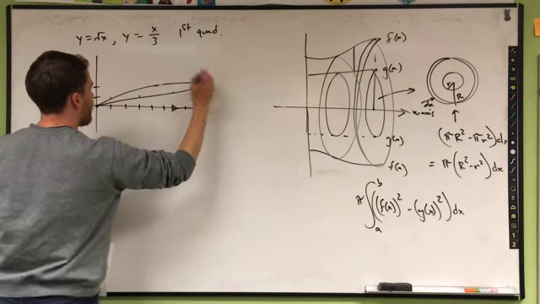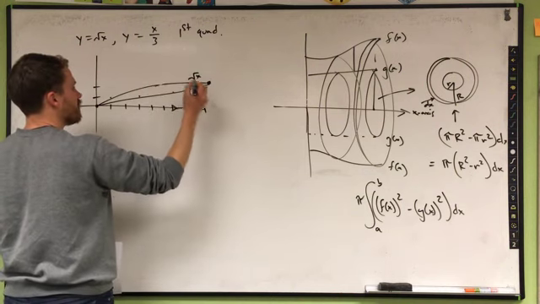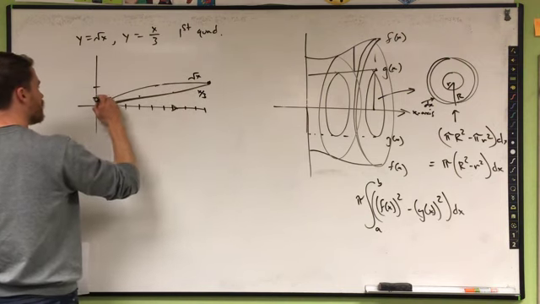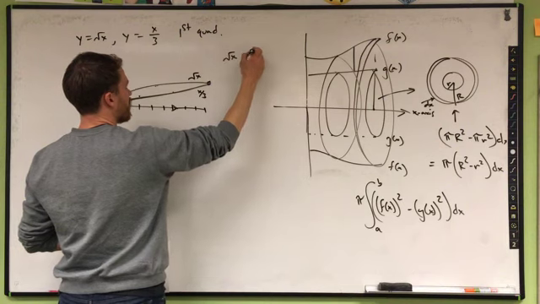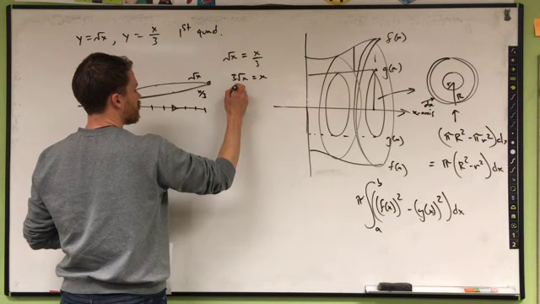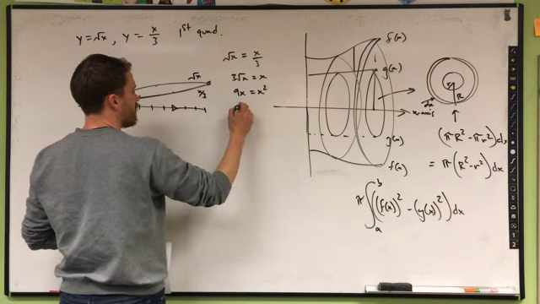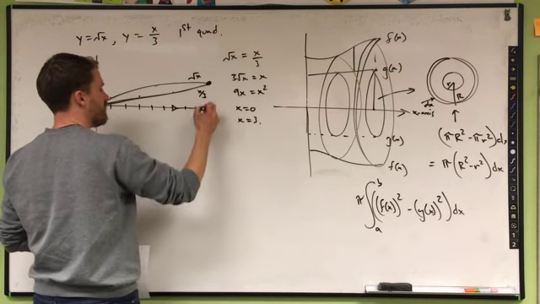So it looks like that, where this is square root x, and this is x over 3, a linear function right here. They should intersect where square root x equals x over 3, or where 3 root x equals x, or where 9x equals x squared, which is x equals 0, or x equals 9... or as stated, x equals 3. So that's how we know that they meet there.